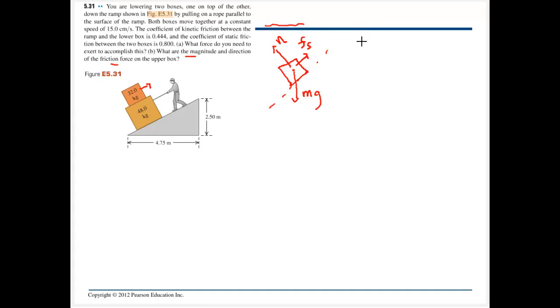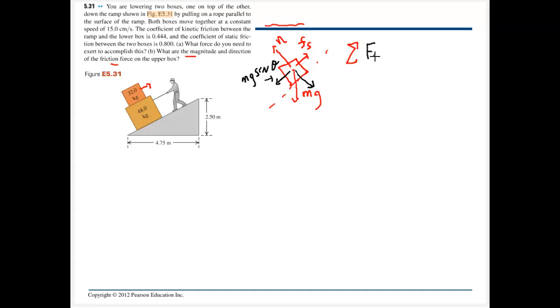Now it is really just algebra. I want to solve for my frictional force. So first thing I want to do is break up my mass and gravity into the two components. I only care about the x component right now. Mass times gravity multiplied by sine of the angle in between them.